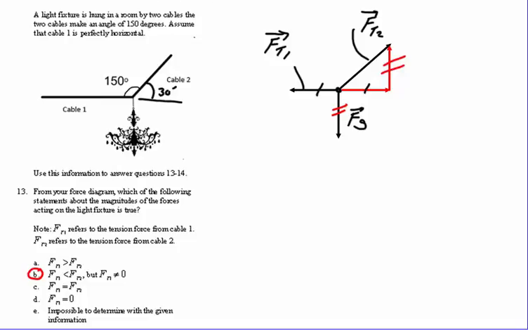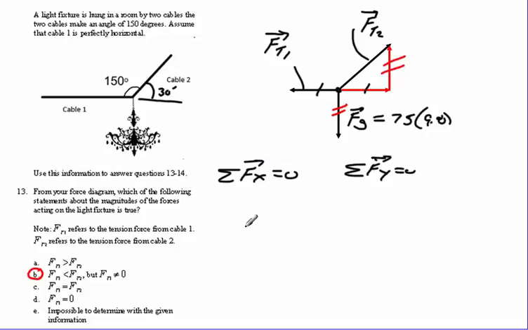All we have to do on this one is go back and make this into 75 times 9.8 coming down. Now we can sum the forces in the x direction and set that equal to 0. We can sum the forces in the y direction and set that equal to 0.